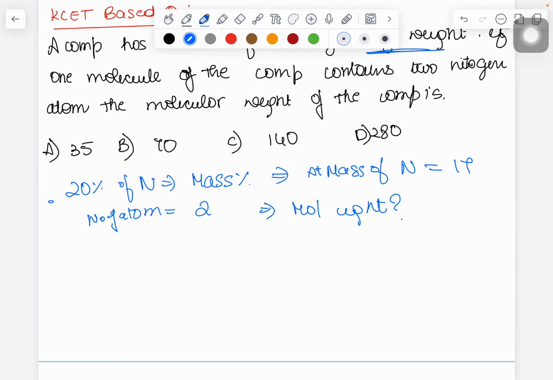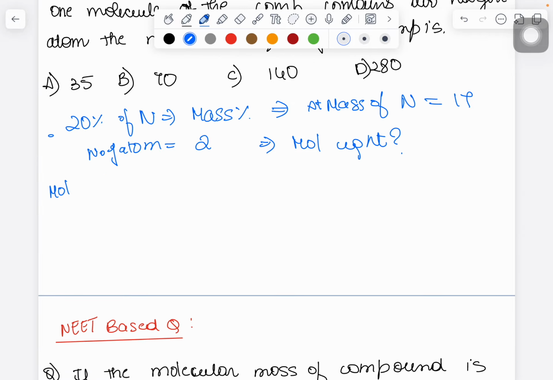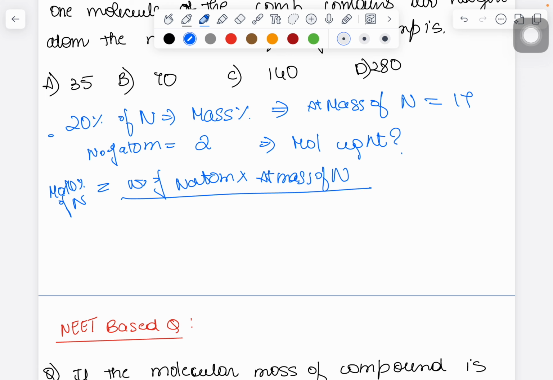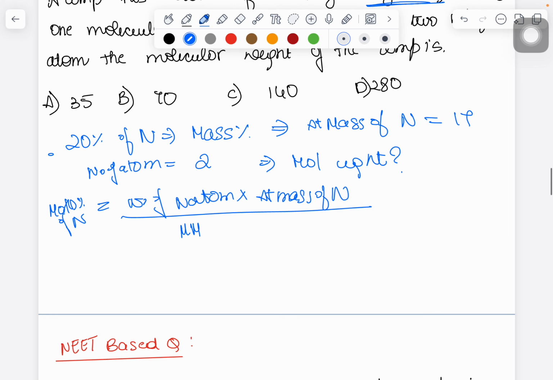Again, simple, the same formula. Mass percentage of nitrogen is equal to the number of nitrogen atoms into the atomic mass of nitrogen, divided by the molecular weight or molecular mass, into 100.